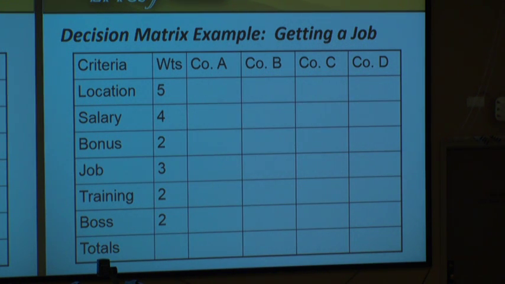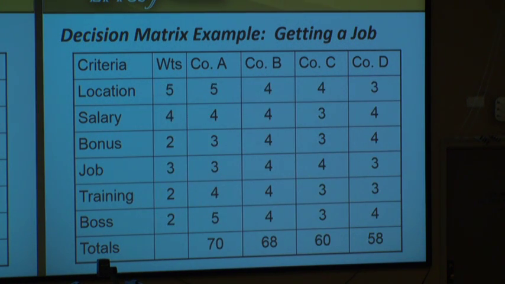We don't necessarily have specs to draw from, but you identify 6 things that you think are important criteria in making your decision, and you weight them. So location is most important to you. And then you evaluate your 4 different offers, and you come up with these total scores. You multiply the score by the weight, and then you add them up to get the totals. Okay?